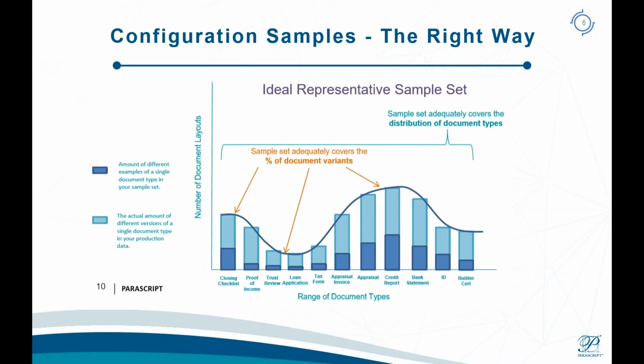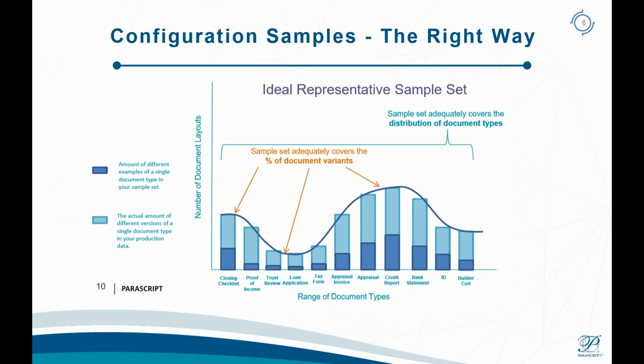So this is an example of the right way to do it. In this sample set that we've collected, we've got examples of all the documents within the scope, all the document types. Additionally, we're adjusting the number of samples within each document type based upon the expected variance of each one.